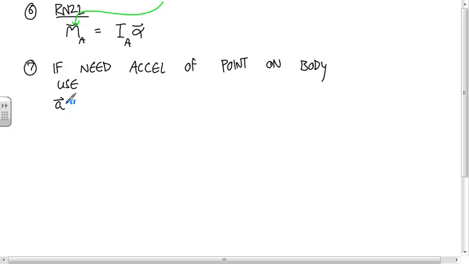So the acceleration is equal to alpha cross r plus omega cross omega cross r.